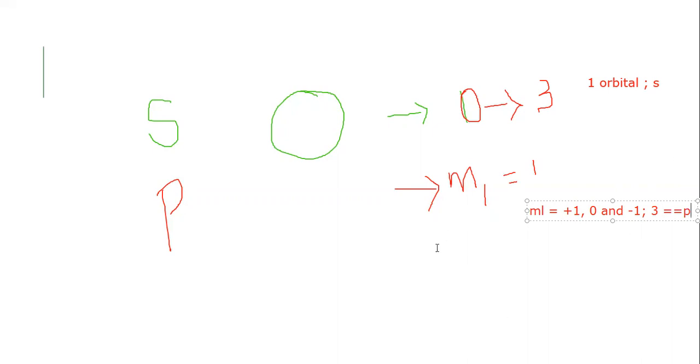So what we are telling is the shape of your p orbital. You know the dumbbell which we use for weight purposes; this is what we are telling the p orbital.